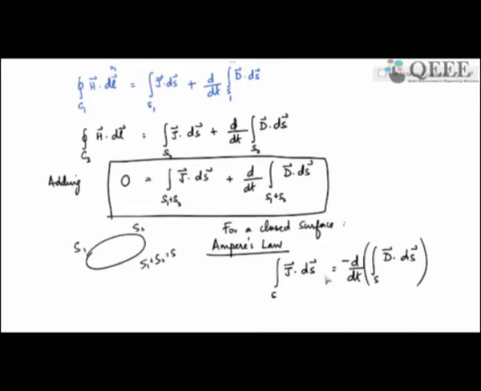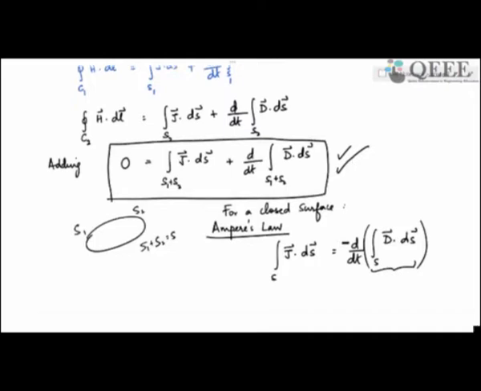So the flux due to conduction is the negative of the flux due to this D dot ds, electric flux density, the flux due to the electric field. Okay. So I can think of, if I have a closed surface, the net flux is 0. That is what this statement told you. The net flux is 0, which means if I had conduction current entering, I could have displacement current leaving.